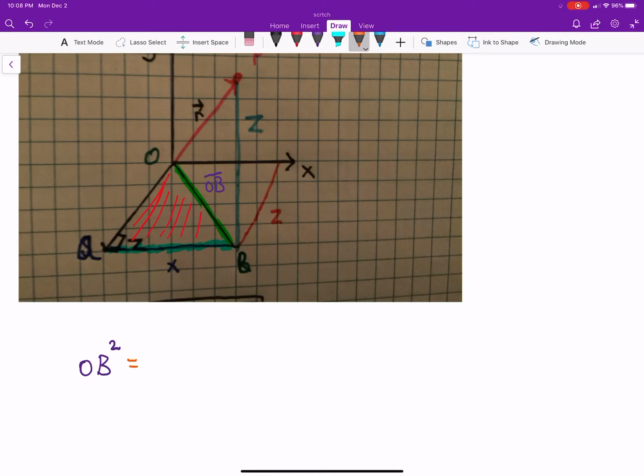One side is right here, that's OA squared, and the other side is AB squared. Here's the thing: point O to A, that's coming out at us in the z direction.